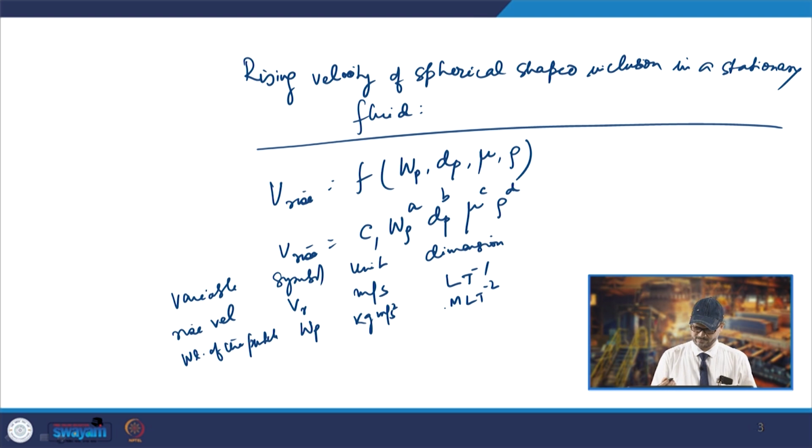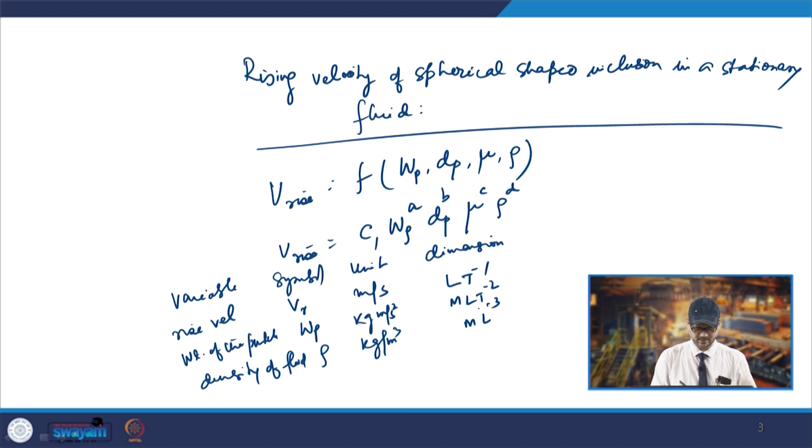Then you have the density. If you talk about the density of the fluid, that is rho. It will be kg per meter cube, and the dimension will be M L minus 3.